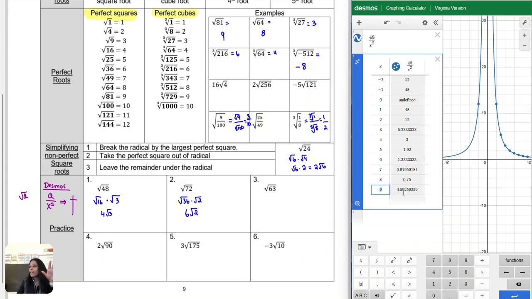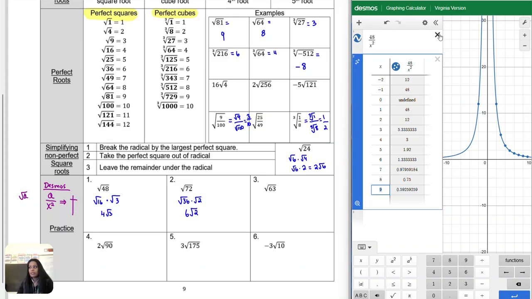Then keep going until you get to zeros, and then you go bottom up: 4 and 3. The 4 is the number that goes on the outside, and the 3 is the number that goes on the inside. That's a quick way using Desmos to find the number that goes on the outside of your radical and the inside. That's your answer.